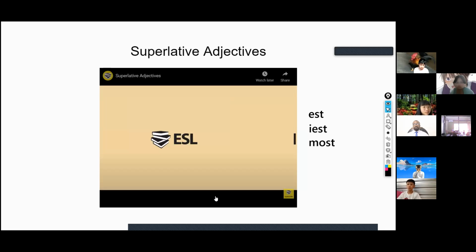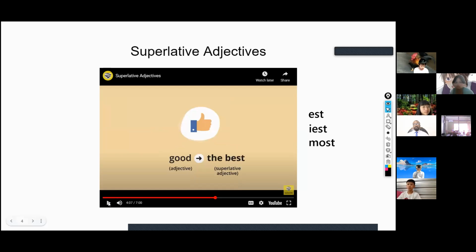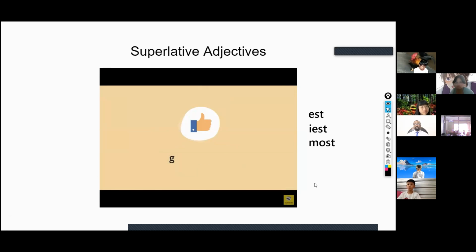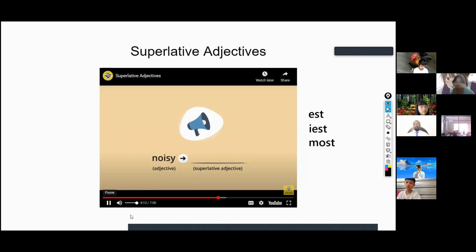ESL Library. Let's go forward here. All right, so we have noisy, okay? So I need someone to volunteer. How do we change noisy into a superlative? Do we add EST, IEST, or most?